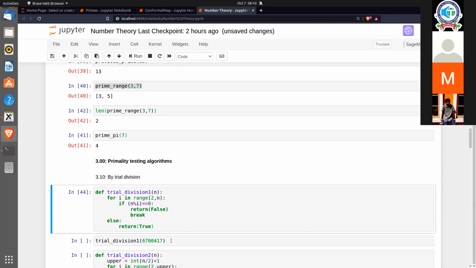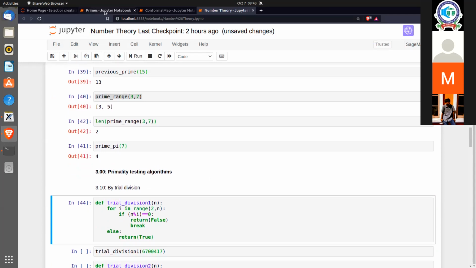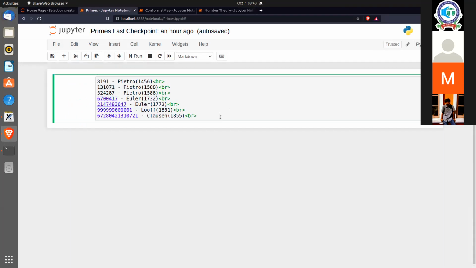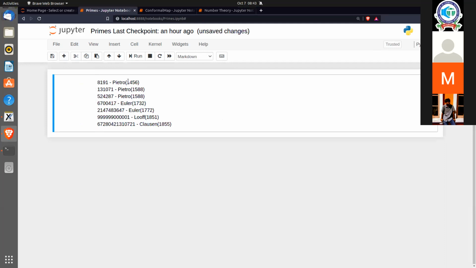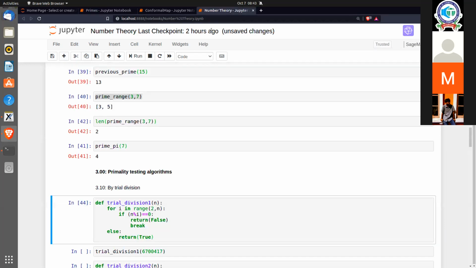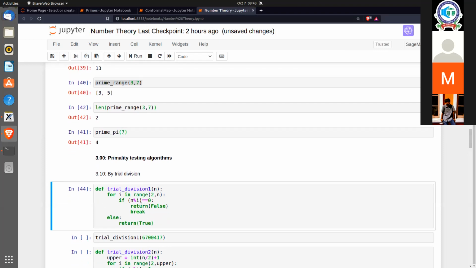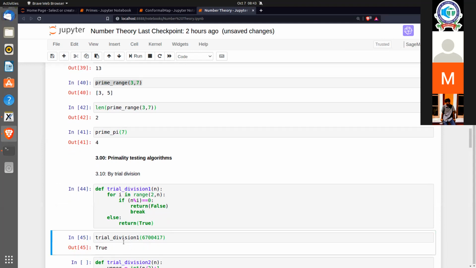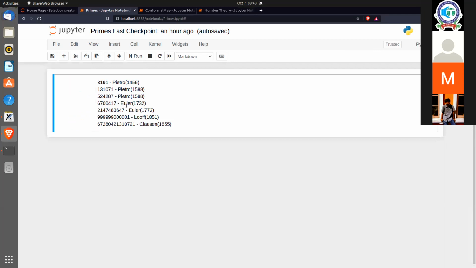Okay, so now that I have run the function, I have a list of primes to help us here. This corresponds to the year, and here on the left we have the largest prime that was known in that year. So for instance, with this function that we have defined, if I run this prime, it will return that it is indeed a prime. But this prime was discovered in, I believe, 1732 by Euler.